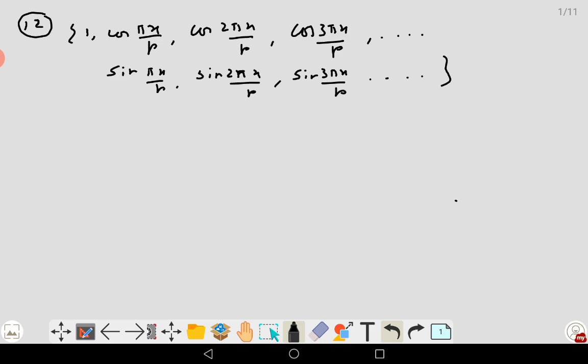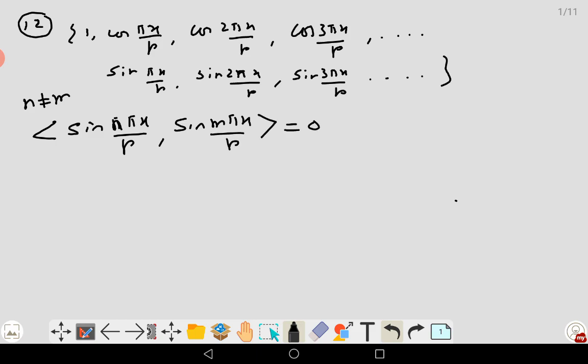And we have already proved that for sine n pi x over p, sine m pi x over p, n not equal to m, the inner product is 0. Refer to the previous problem, the similar type.